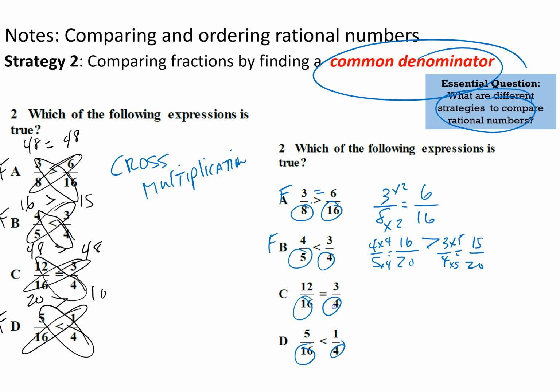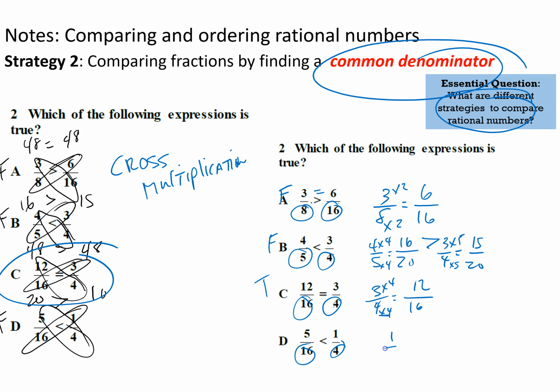All right, so 4 is a factor of 16, so I'm going to convert 3/4 to an equivalent fraction. 4 times 4 is 16, 3 times 4 is 12. So they're actually equal to each other. Now I found that out over here, but this just verifies it. 12 16ths and 3/4 are the same thing. That's true.